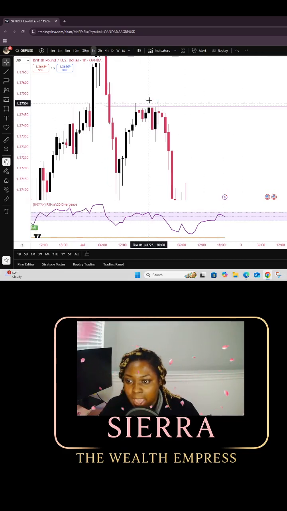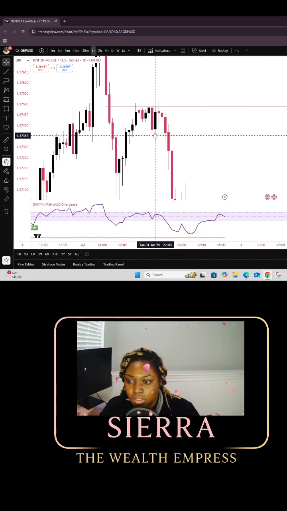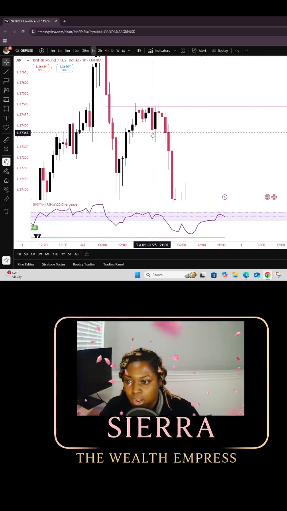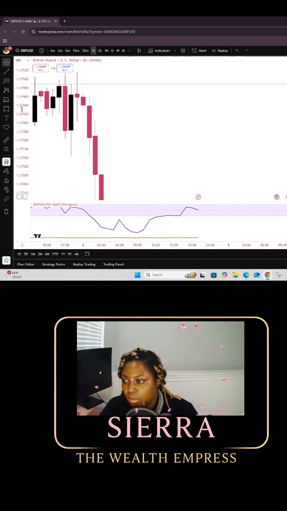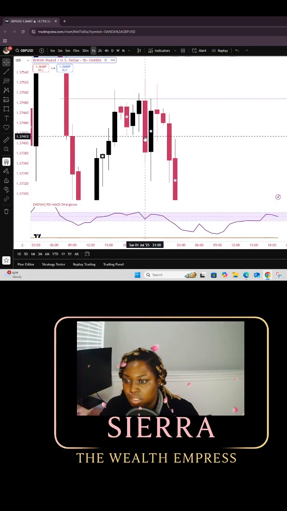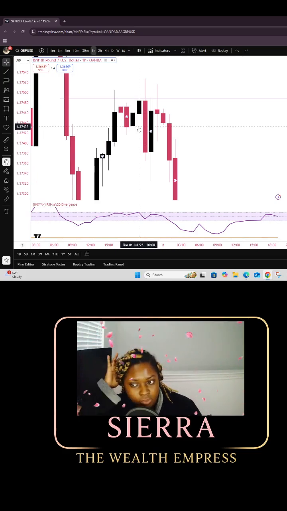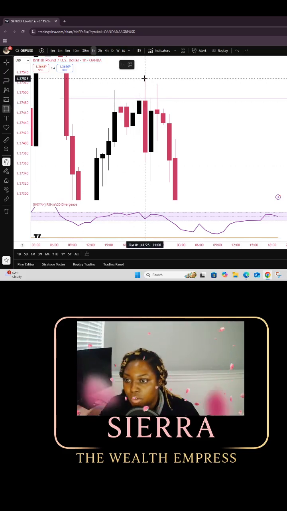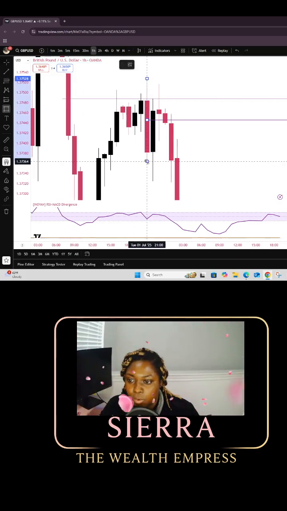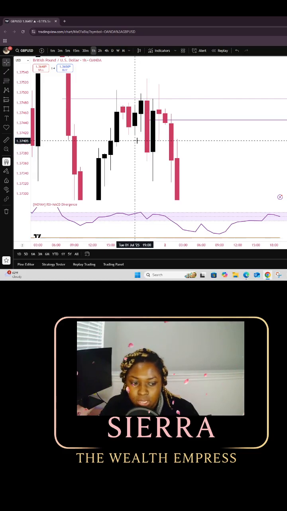And price came back to the fair value gap, and it gave me an engulfing candle right here. This red pink candle right here completely engulfed this black candle. This candle right here completely engulfed this candle, okay? And with engulfing candles, if you are here, then you know that we want to see price come back to 50%.